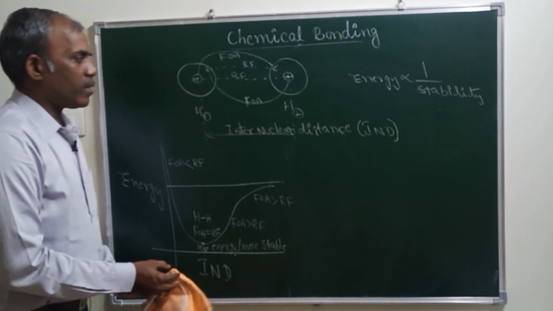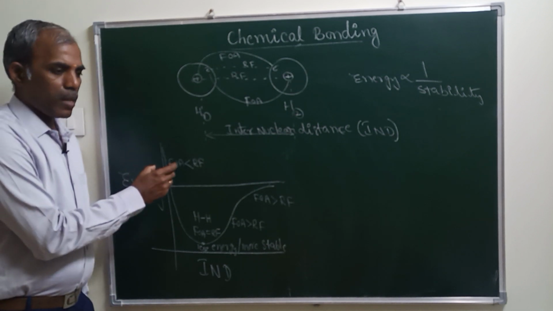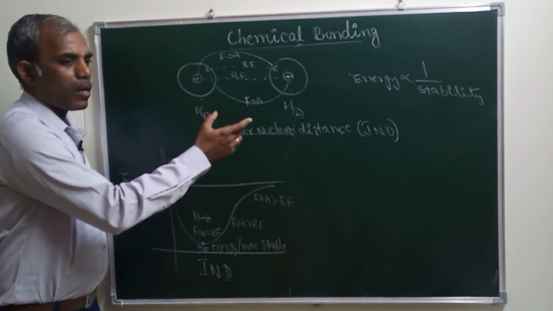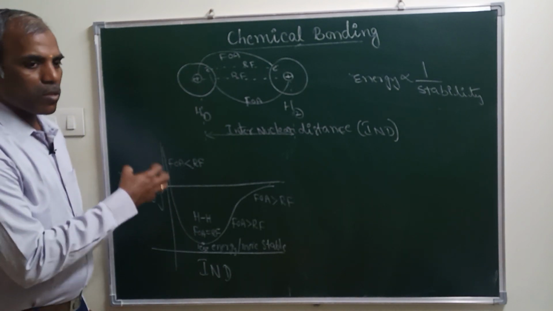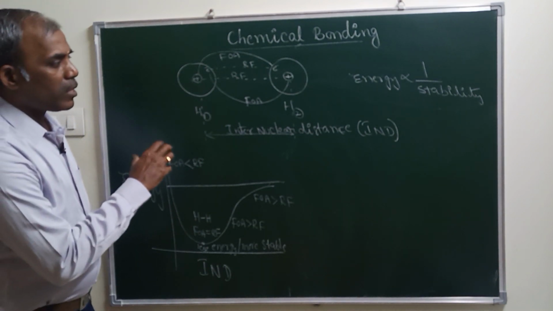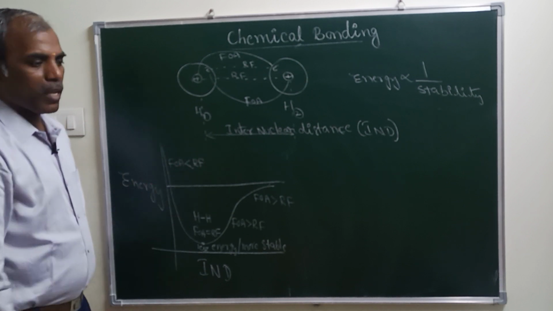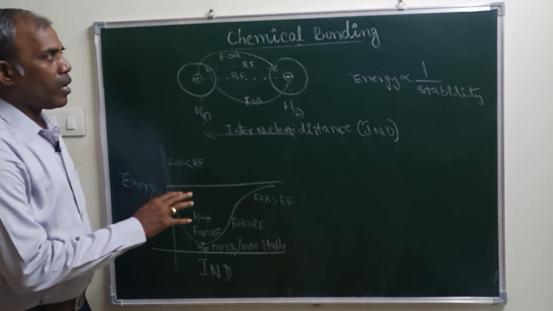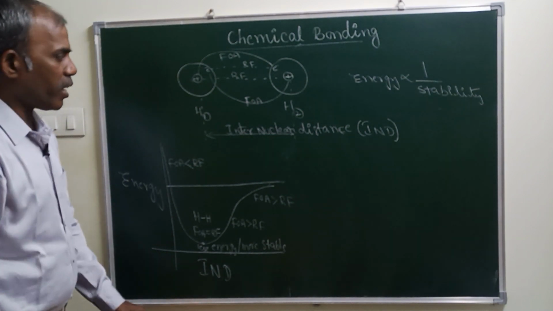Now, as I said, a bond is formed between atoms, ions or molecules, based on different types of chemical species. Chemical bonds are of different types.